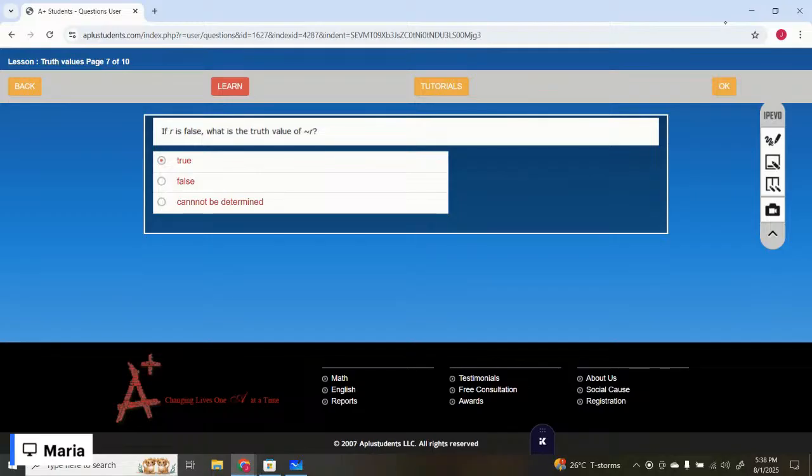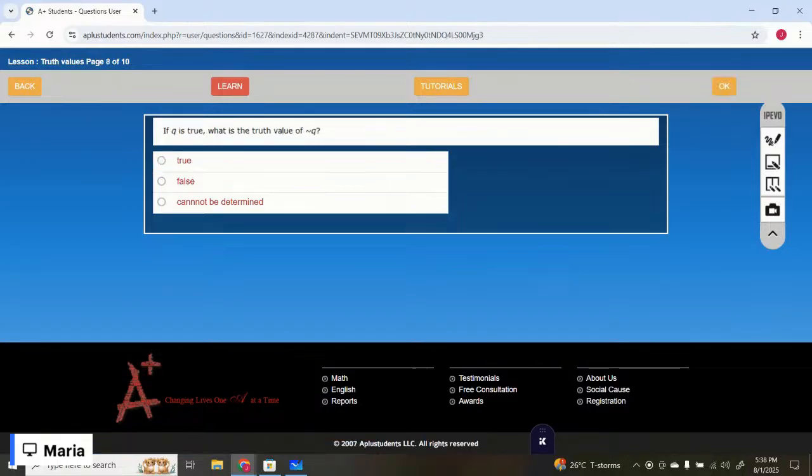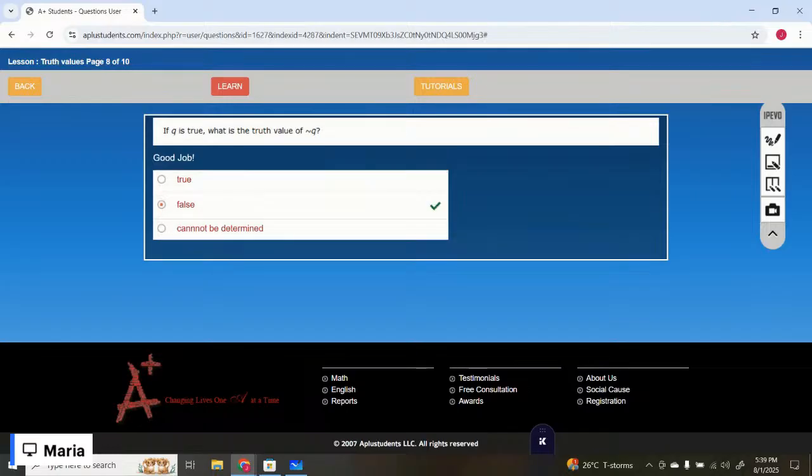Negation of R is true. Option number one is the correct option. If Q is true, what is the truth value of negation of Q? Negation of Q is false. Option two is the correct option.